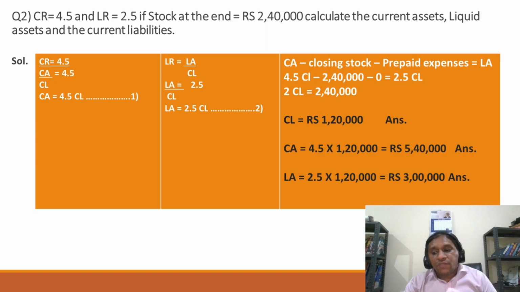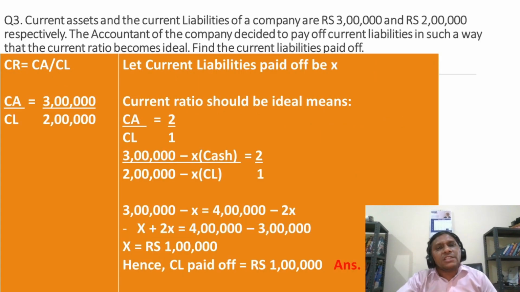And when we are proceeding to the next question, the question is something different. Question 3 indicates current assets and current liabilities of a company are rupees 3 lakh and rupees 2 lakh respectively. The accountant of the company decided to pay off current liabilities in such a way that the current ratio becomes ideal.